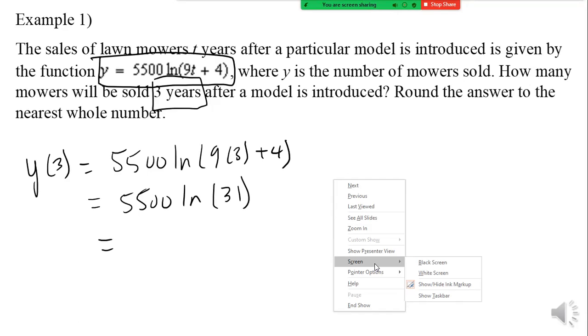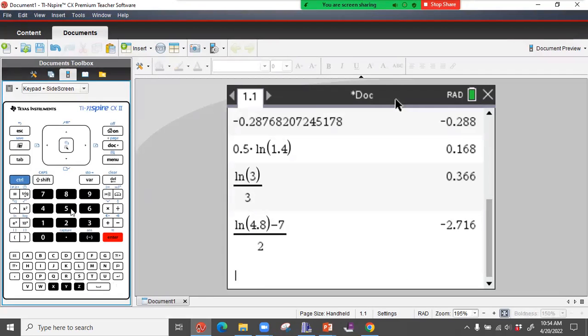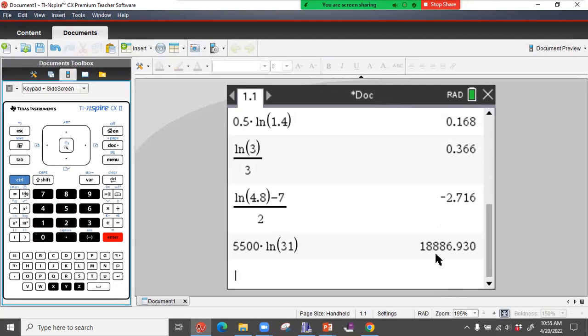What's 9 times 3? What's 27 plus 4? So I'm going to put in 5,500 natural log 31, hit enter, and we get 18,886. Now, can you have 0.93 of a lawnmower?